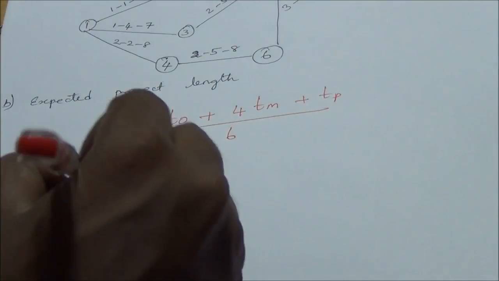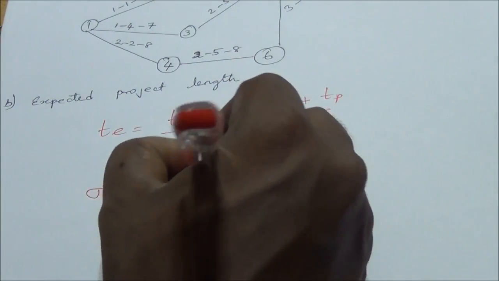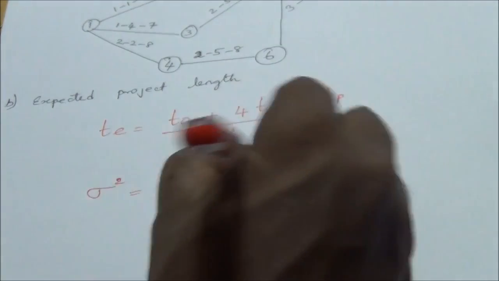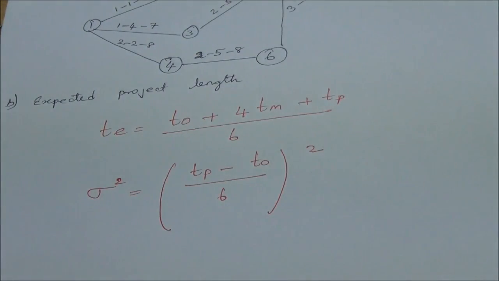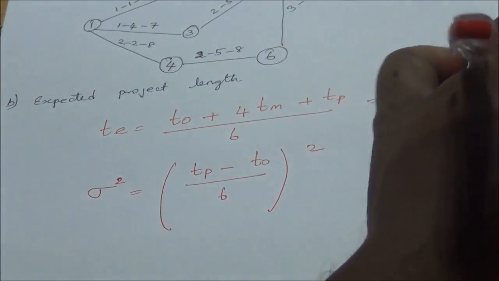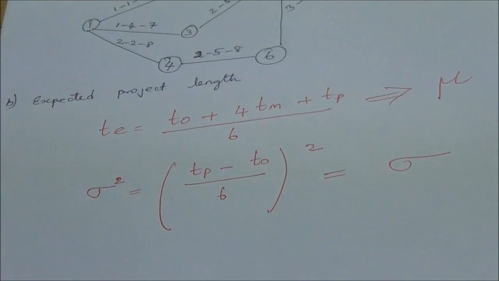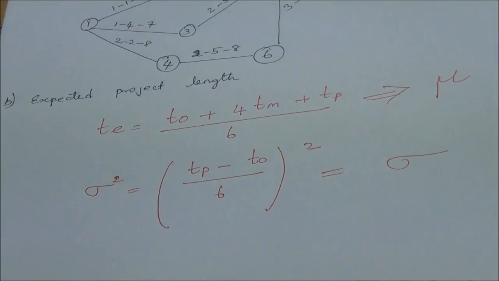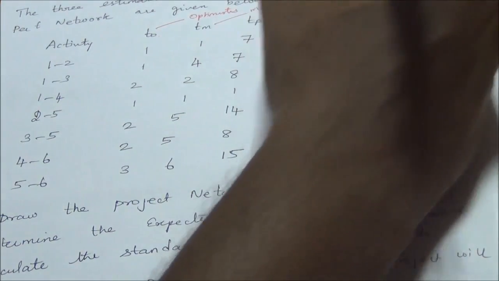For the standard deviation, sigma squared equals TP minus TO divided by 6, the whole squared. We will calculate these for each and every activity, so I will add two columns: TE and sigma squared.